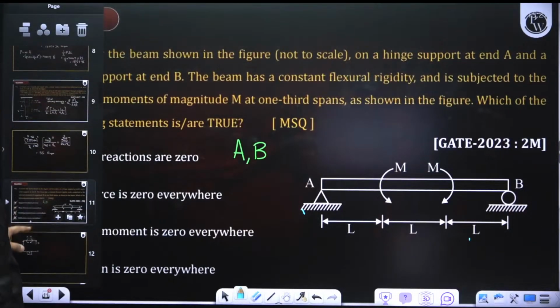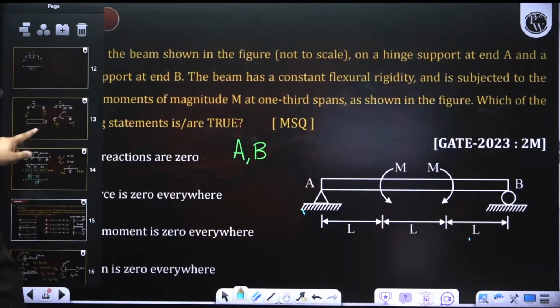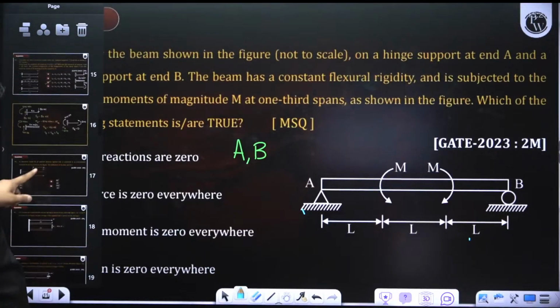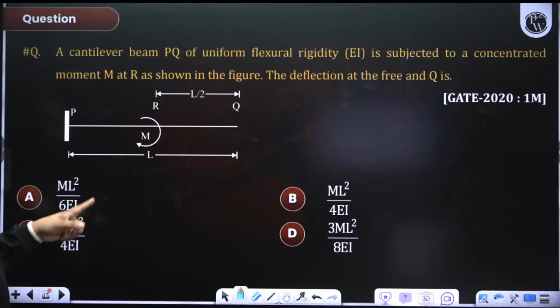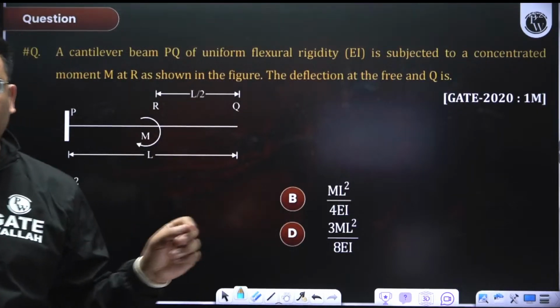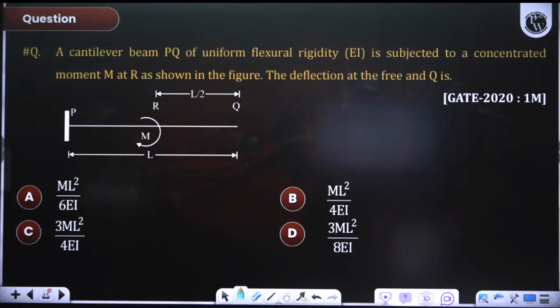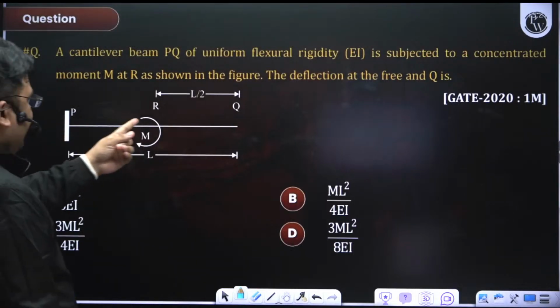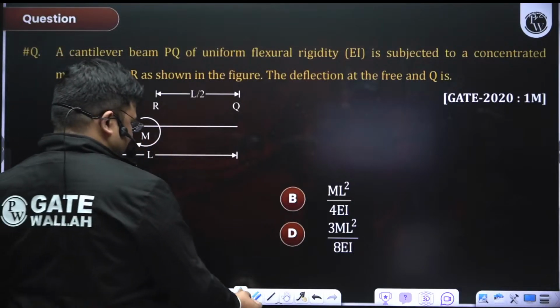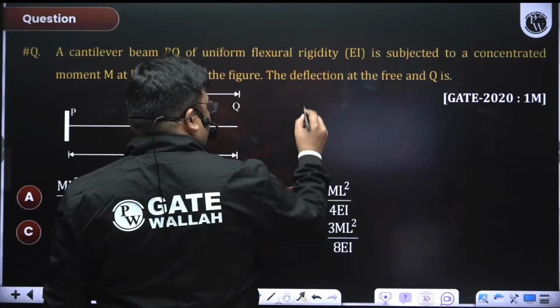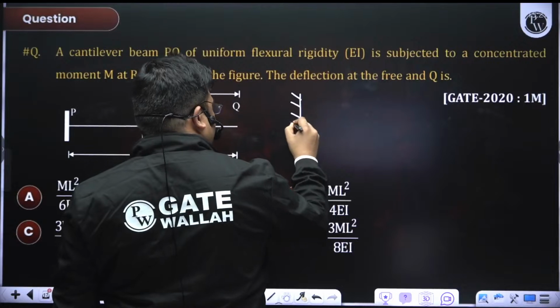We solve this question. Now solve this question. Similar question I have solved in the marathon and also in the revision session, and also in the crash course. So it's an external moment not acting at the free end but at half distance. For such kind of question, how to solve I have explained also, right?